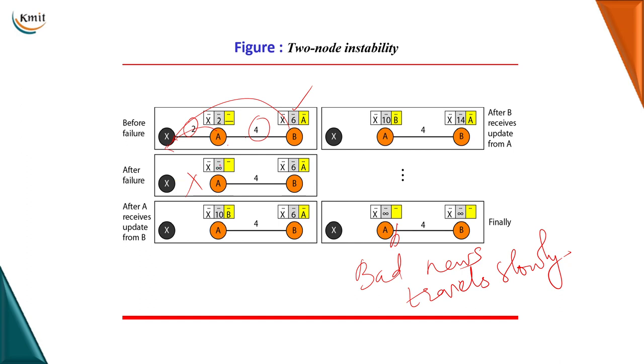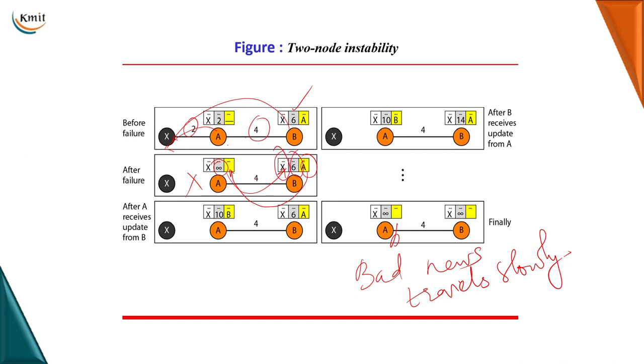So it updates its routing table with the value infinity, which signifies that it cannot reach X. But before A could pass this information to B, B passed its routing table to A, telling that it can reach X. It will not tell that it is reaching via A. It is not updating about that. It only tells that it can reach X with a cost of 6.